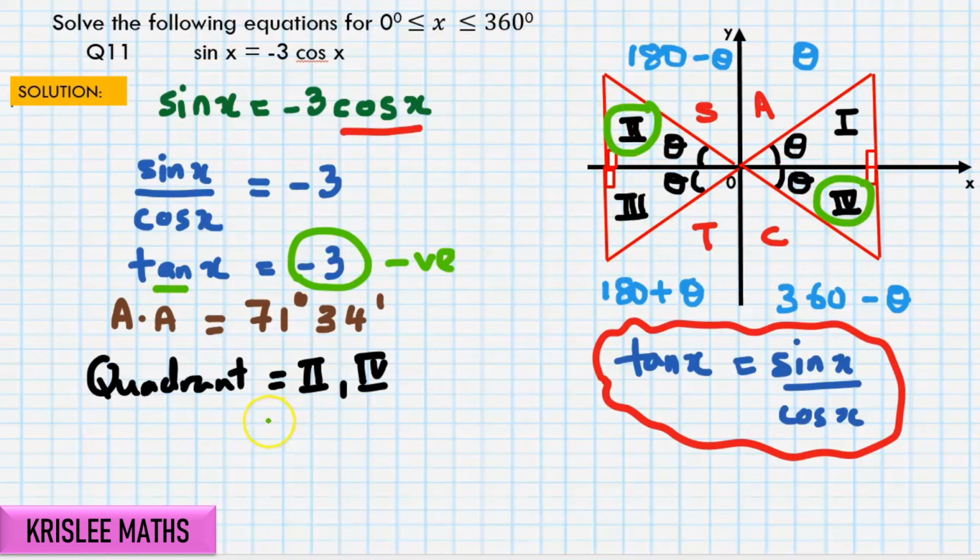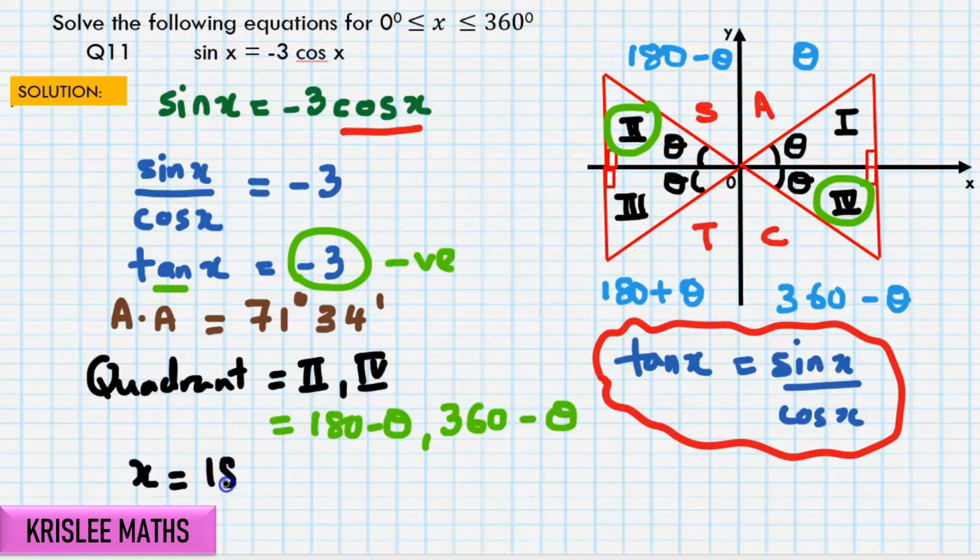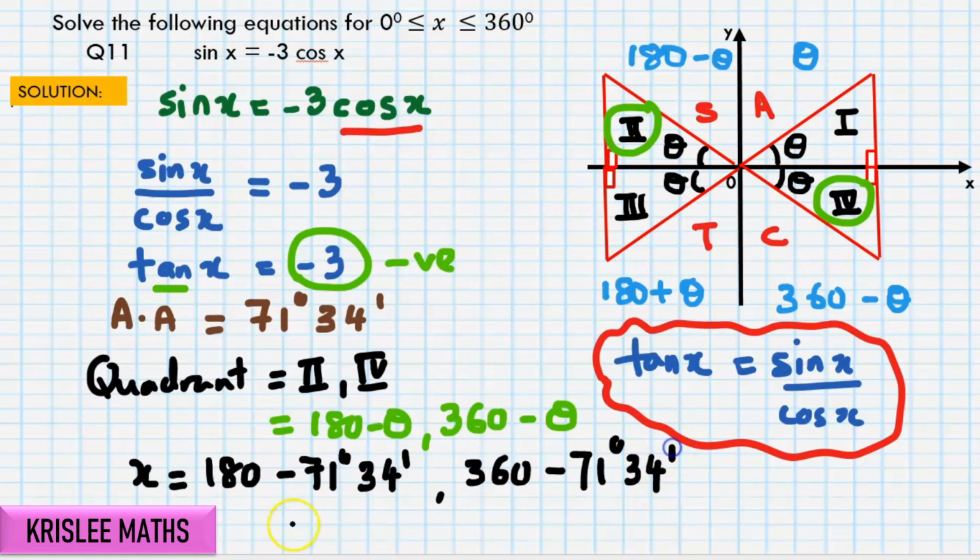In the second quadrant it is 180 minus theta, and in the fourth quadrant it is 360 minus theta. Here theta is 71 degrees 34 minutes. So you can substitute the value of theta in order to find x. So x equals 180 minus 71 degrees 34 minutes, and the other value is 360 minus 71 degrees 34 minutes.